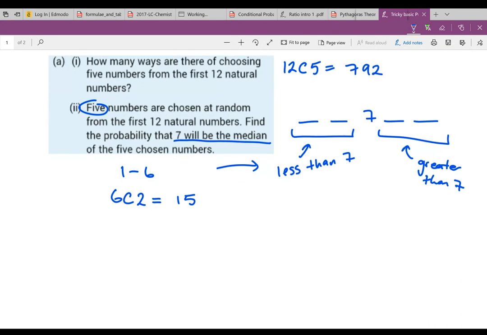And then for the numbers 8 to 12, I have 5 numbers, and I have to choose 2 from that 5, which gives me 10. Because both have to happen, I have to have 2 numbers less than 7 and 2 numbers greater than 7 to ensure that 7 is the median.